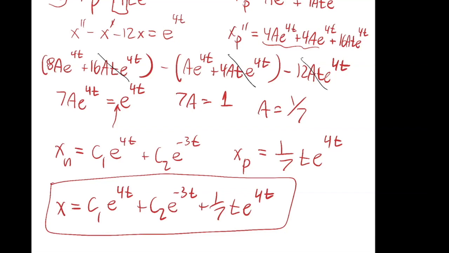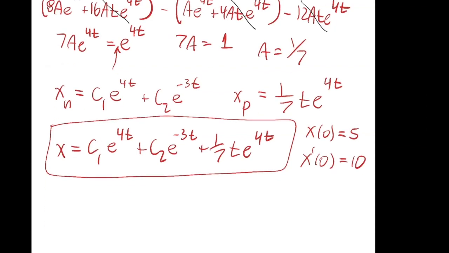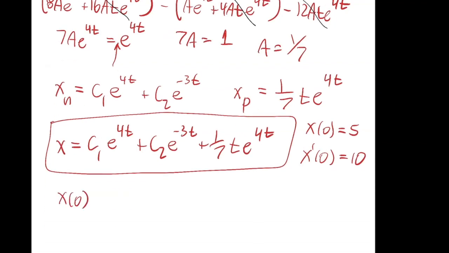Do we have to do that when we have the solution given to us? Or sorry, the particular solution, or can we just do that with the homogeneous solution? You need to do that with the particular solution as well. So if you had some initial conditions like x of 0 equals 5, x prime of 0 is 10, then you would plug 0 into this, for example, and this would tell you you get C1 plus C2.